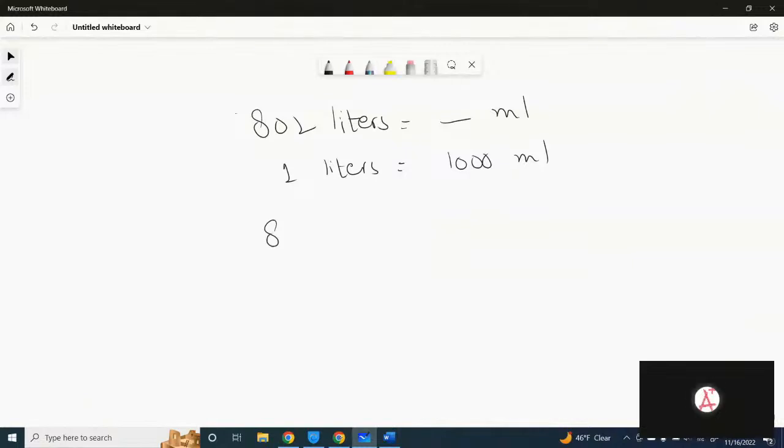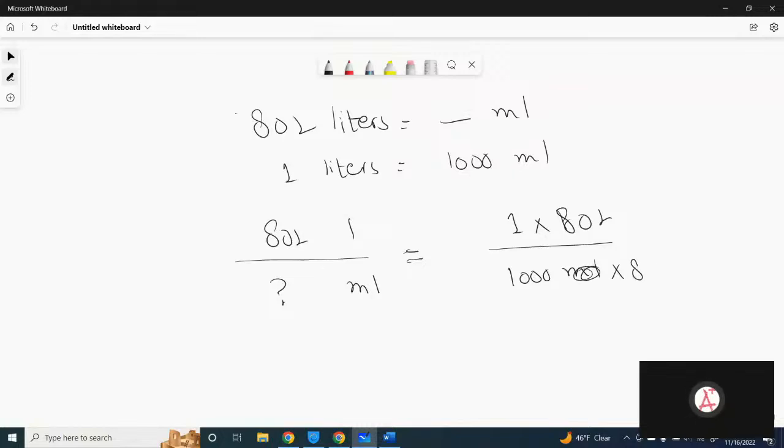It would be 802 liters divided by the missing milliliters, and you have 1 liter equals 1000 milliliters. Got it? So here you have 802, so you have to make an equivalent ratio, so multiply it by 802. You also have to multiply the denominator by 802.